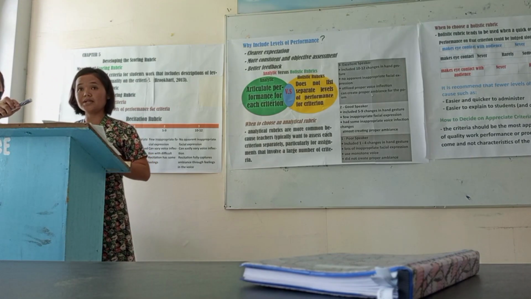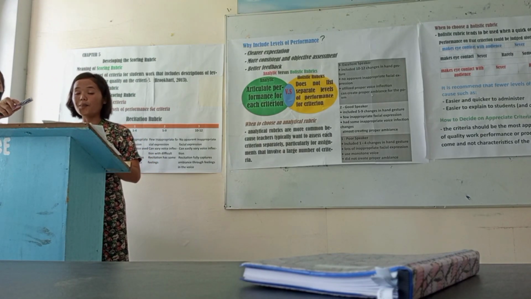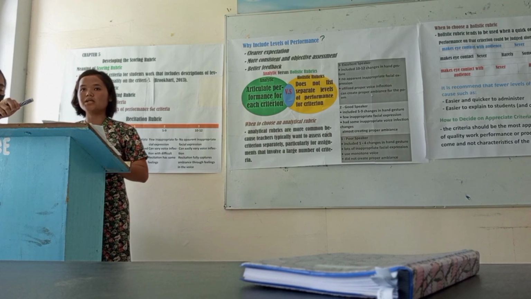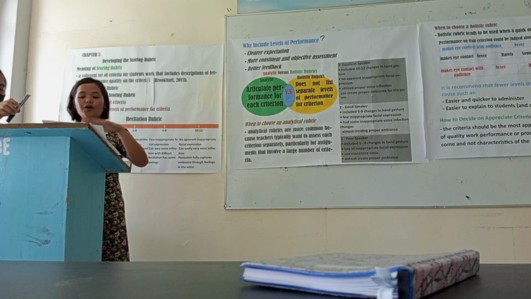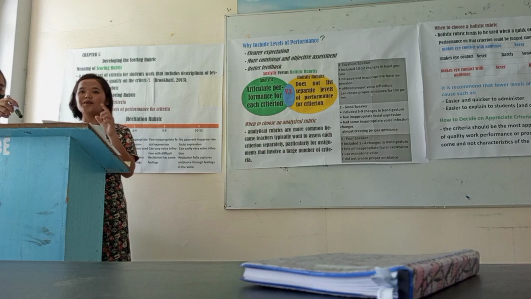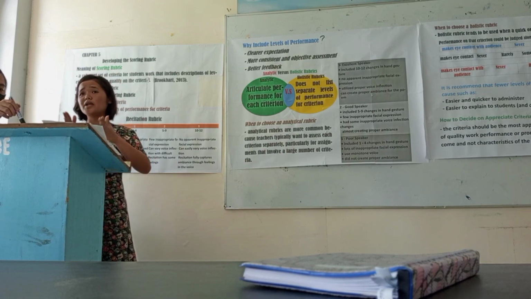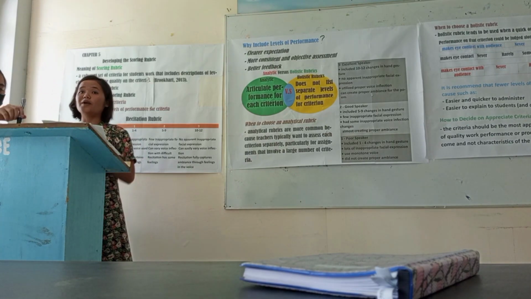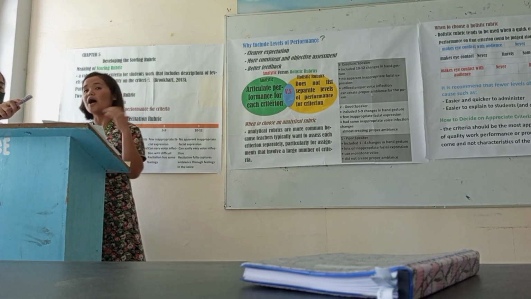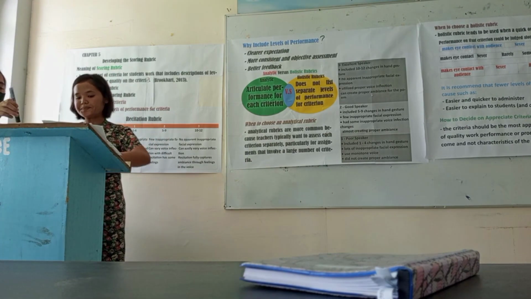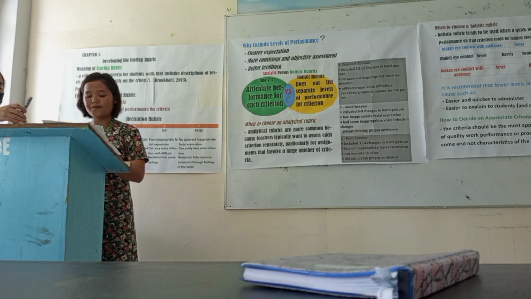Ibig sabihin, ang gamit mo naman is analytic rubrics. Kasi, sabi natin kanina, sa analytic is separate siya. And then in that way, malalaman mo kung ano yung strengths ng estudyante mo, ano ang weaknesses ng estudyante mo.